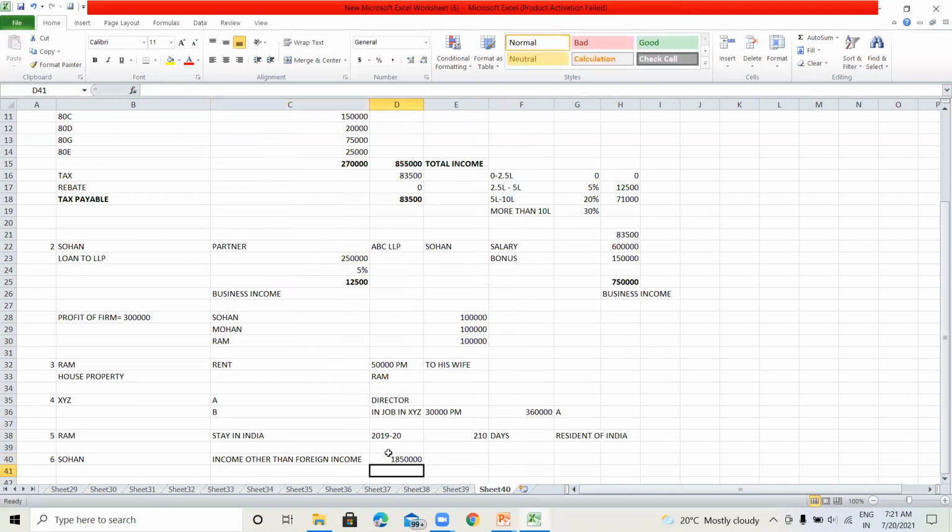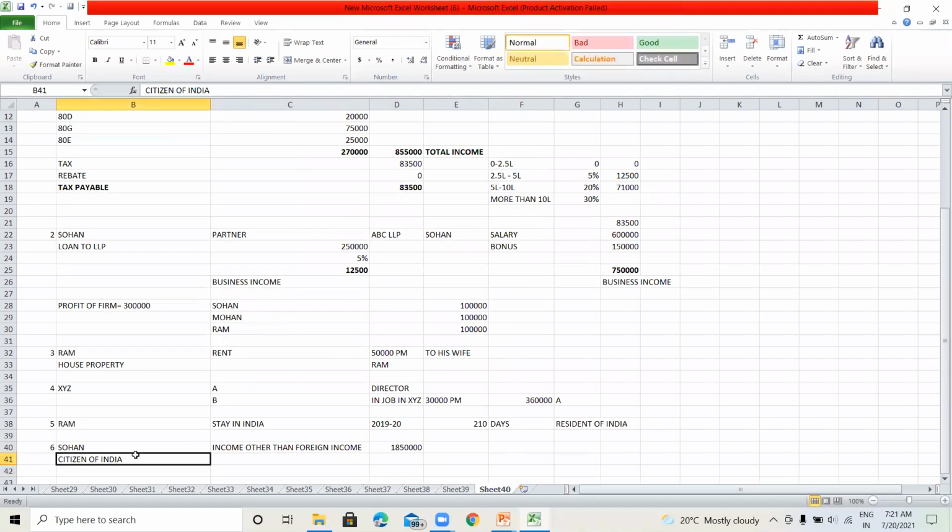So Mr. Sohan will be deemed, he is a citizen of India, and it will be deemed that he is a resident of India.